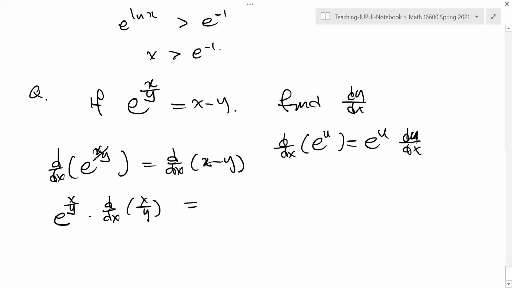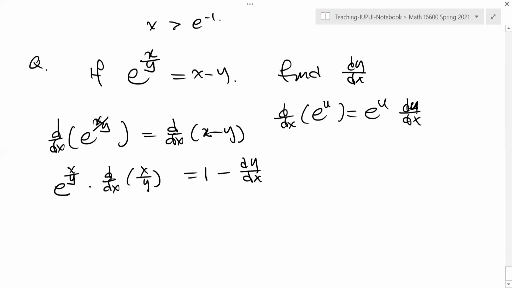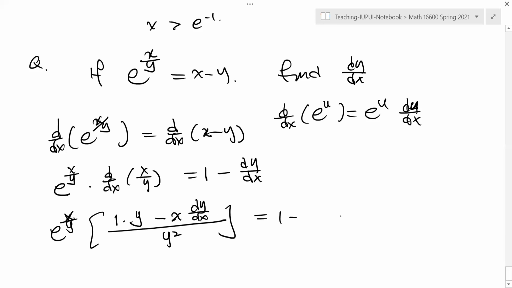Here the derivative of x with respect to x is 1, and there is the derivative of y with respect to x. Here I have to use the chain rule and the quotient rule. So the derivative of x with respect to x is 1 here, minus x and dy/dx.